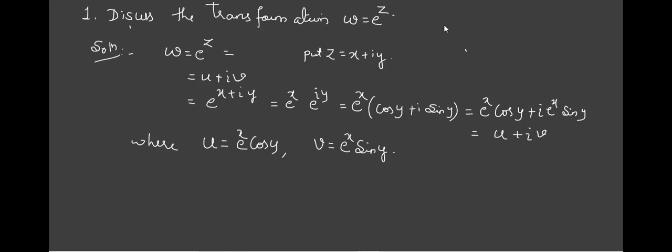Can I eliminate y? Now, your y is attached to cos and here it is sin. Can I make it simple so that it is going to eliminate it? What property do you have related to cos and sin?